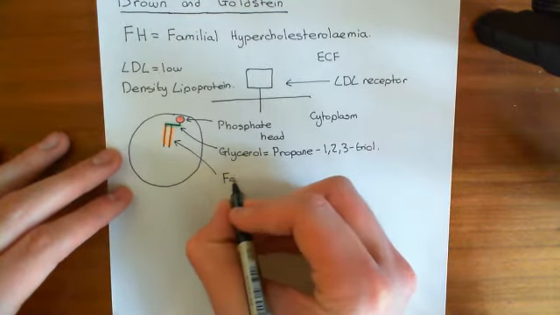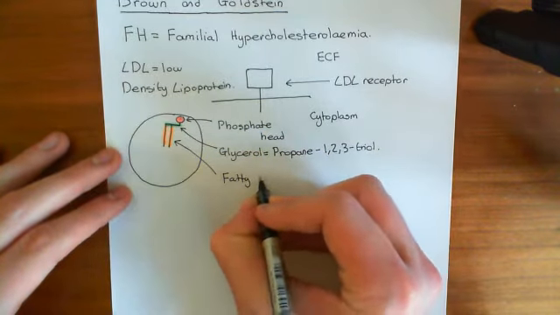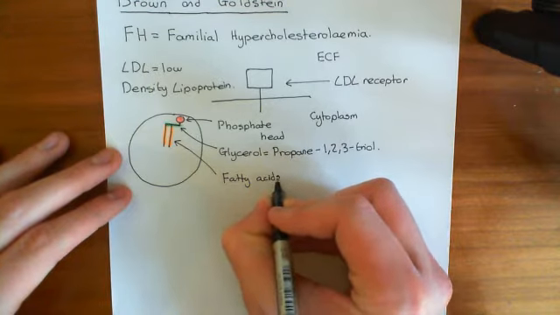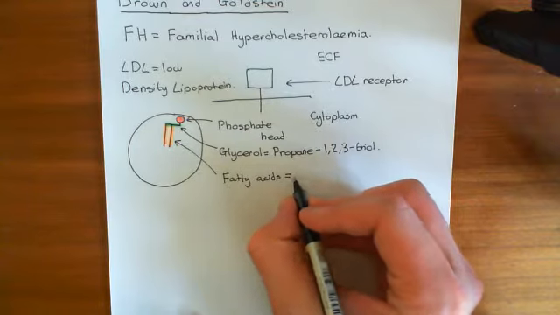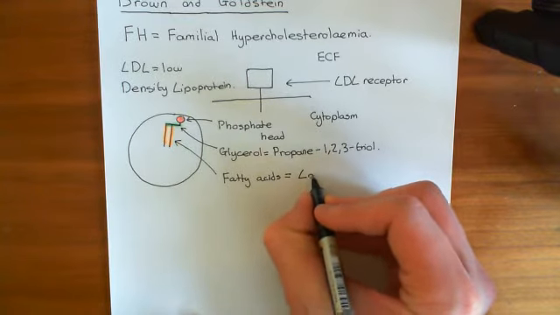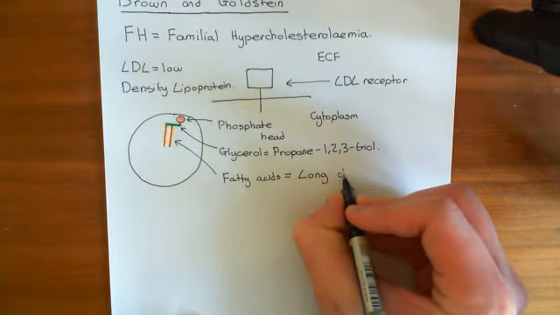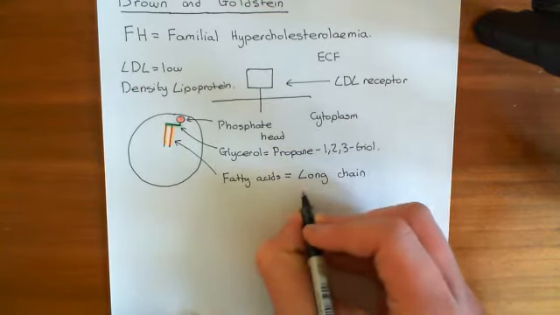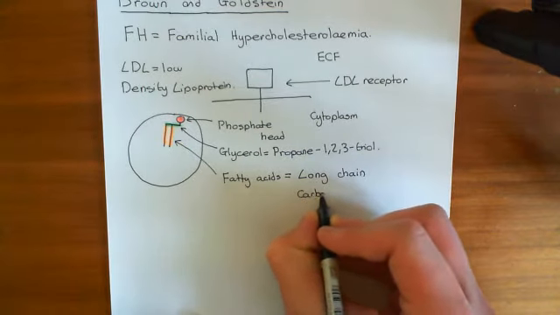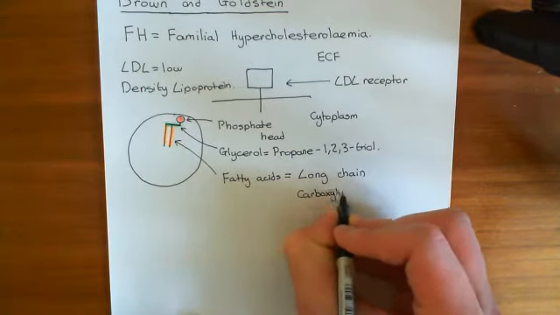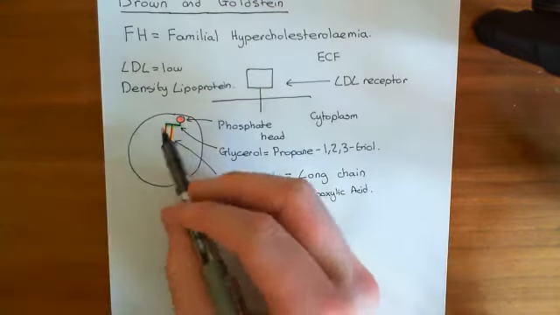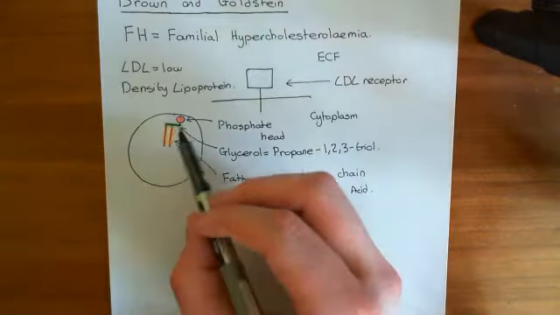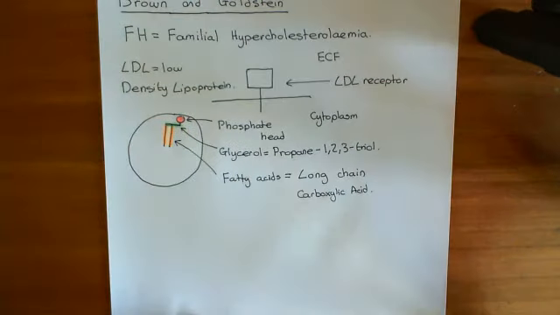These are fatty acids that you've esterified onto the first and second hydroxyl groups of the glycerol molecule. And again, the proper chemist name for a fatty acid is a long-chain carboxylic acid. Basically this whole structure now is a phospholipid.